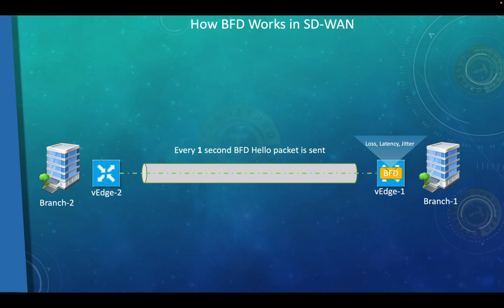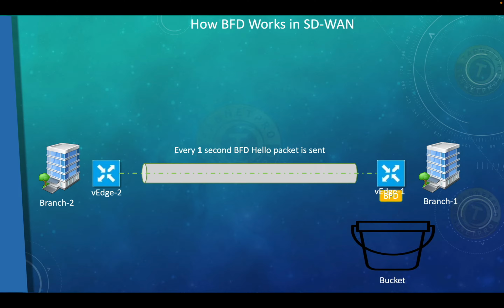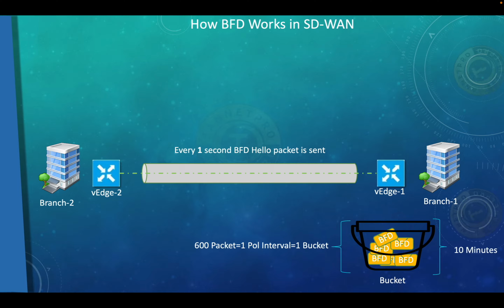So in the SD-WAN infrastructure, the BFD collects this much information, and the BFD packets are put in a bucket, right? Here I'm trying to explain this thing. The BFD packets are collected in a bucket for 10 minutes, right?